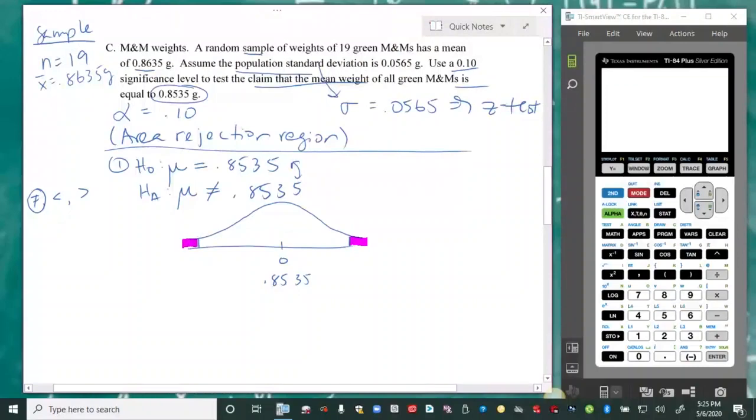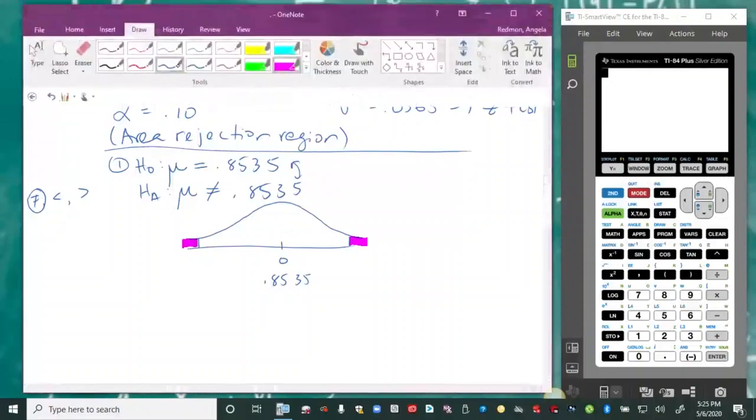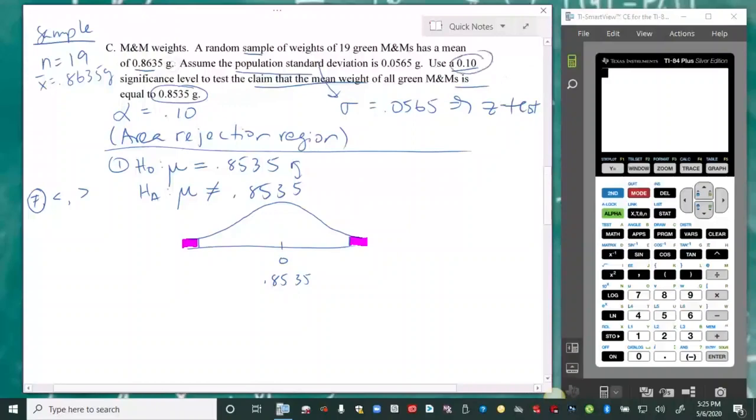My total size is 0.10, which means I really have 0.05 here and 0.05 here. So 90% of the time, these samples of 19 M&Ms are going to be close enough to 0.8535, but we're going to let another 10%, 5% above, 5% below, be significantly different then.